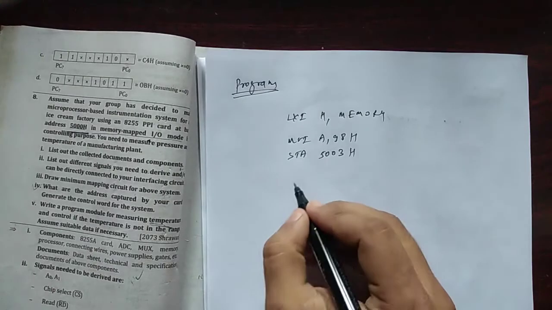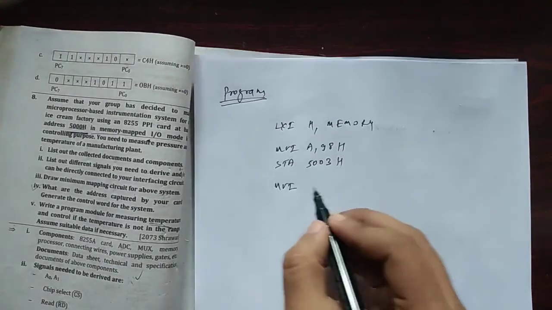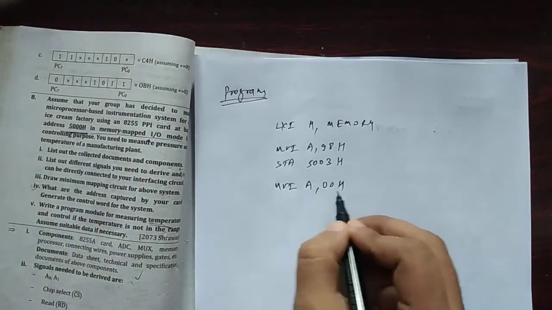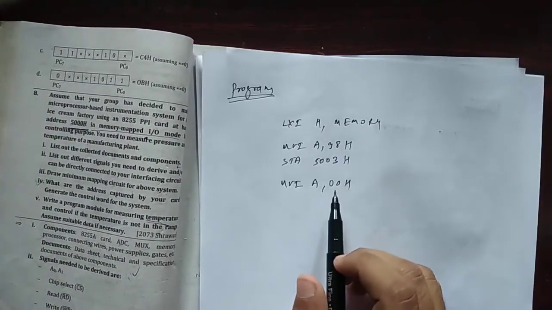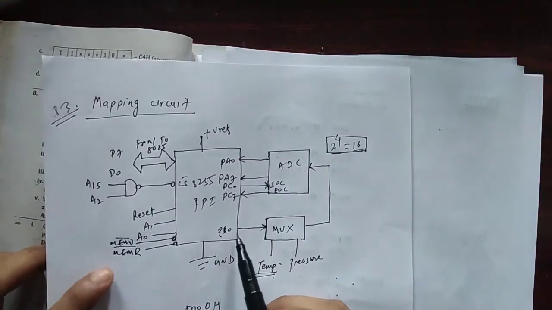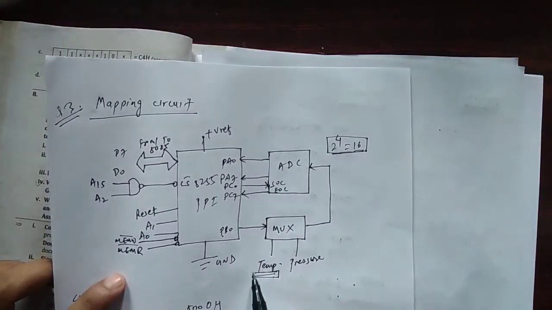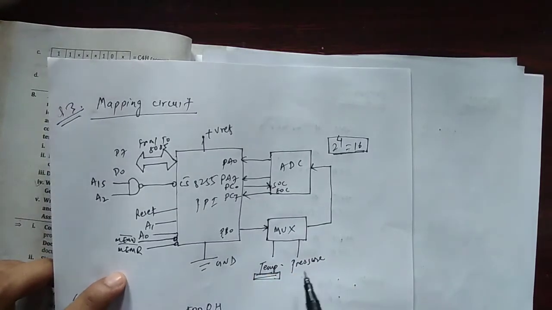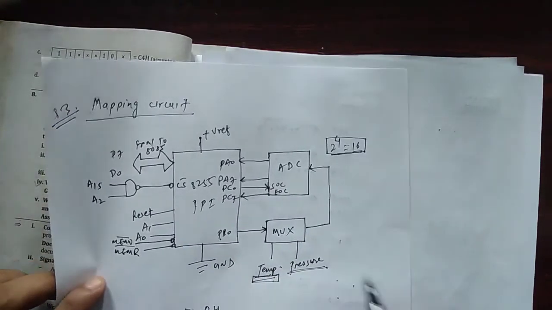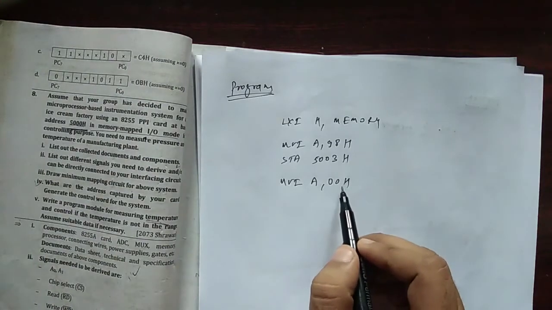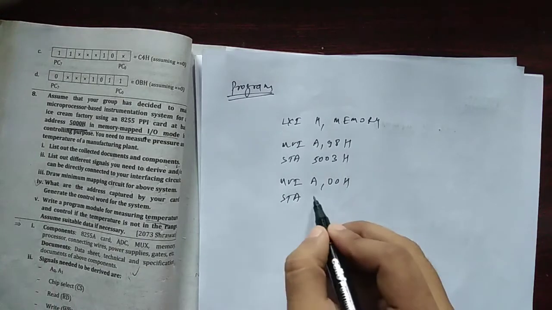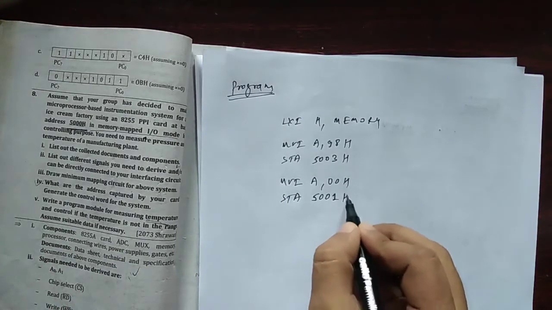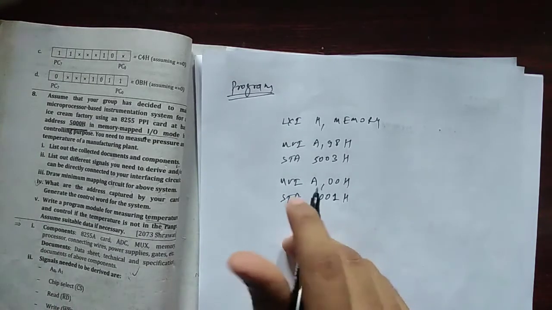For that, MVI A, 00H, because like I said, if PB0 is 0, then we'll select temperature for processing, but if PB0 is 1, then we'll select pressure. So 00H. Now we need to output it from port B, so STA 5001H, the address of port B.